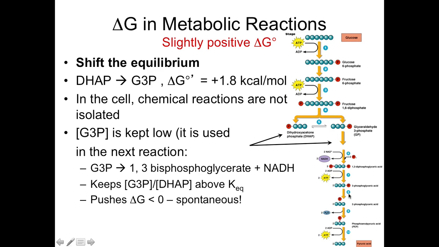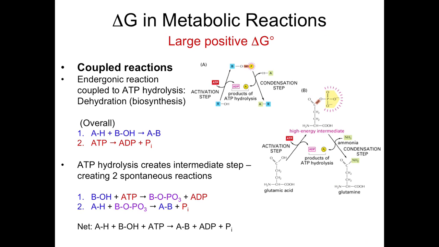Okay, so you can see how the concentration effects of using ATP to drive these reactions, so that we're constantly splitting fructose 1,6-bisphosphate, will allow these reactions that at standard conditions are non-spontaneous to become spontaneous in the cell.